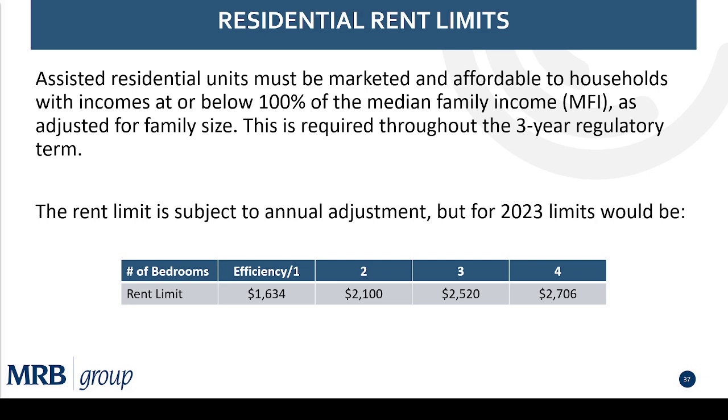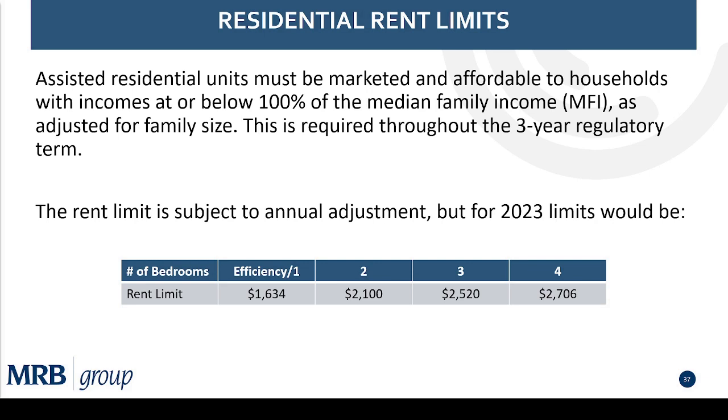So it would have an annual adjustment, but just for the sake of giving you a sense of what we're talking about here, a 1-bedroom would be a little over $1,600 a month. Ideally, we want it to be affordable, but we also know that the market changes, and the lower you can get that rent, the better, but you would really need to comply with 100% of median family income.